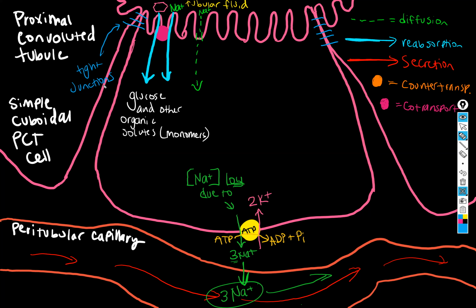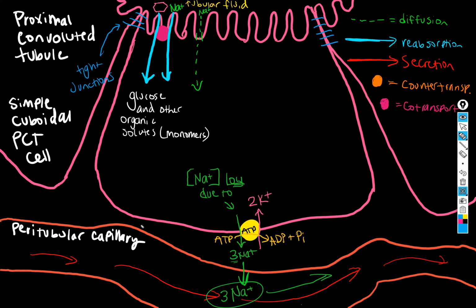In this case, transport could also sneak through, so maybe some water or some other solutes could sneak between the cells and get into the peritubular fluid, but tight junctions are waterproof and solute proof, and they effectively maintain a barrier so that the constituents of the tubular fluid are only going to be able to go anywhere if they go through this cell. They can't sneak around.